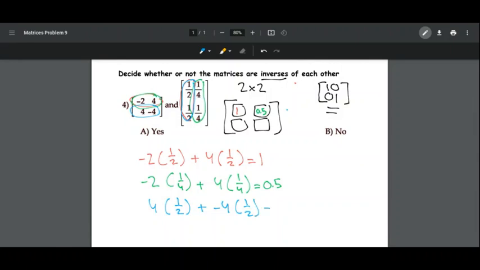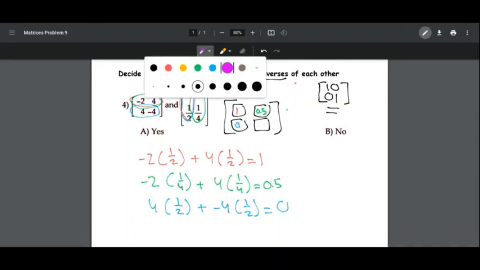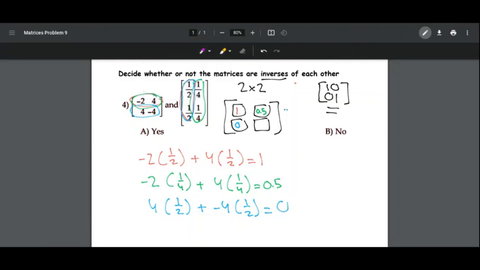So the third element is 0. And now the last element. We're going to take the bottom row of the first matrix and the right column of the second matrix. We're going to multiply 4 by 1 over 4 plus -4 times 1 over 4, equal to 0.